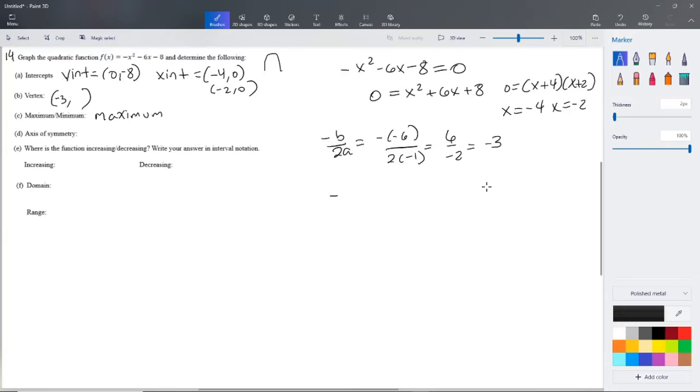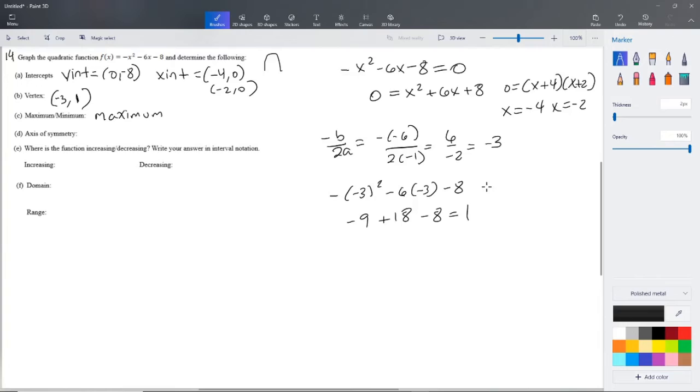So we're going to have negative of negative 3 squared, so there's our negative x squared, minus 6 times negative 3 minus 8. Negative 3 squared is 9, and there's a negative in front of it, so that's negative 9. Negative 6 times negative 3 is positive 18, and then, of course, a negative 8. Negative 9 and 18 is 9, and 9 minus 8 is 1. So it looks like our vertex is at the point negative 3, 1.